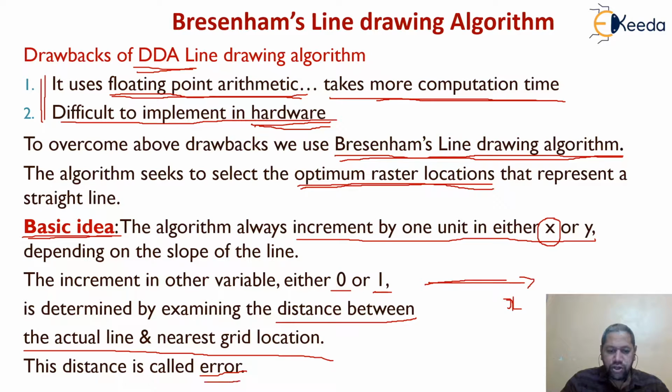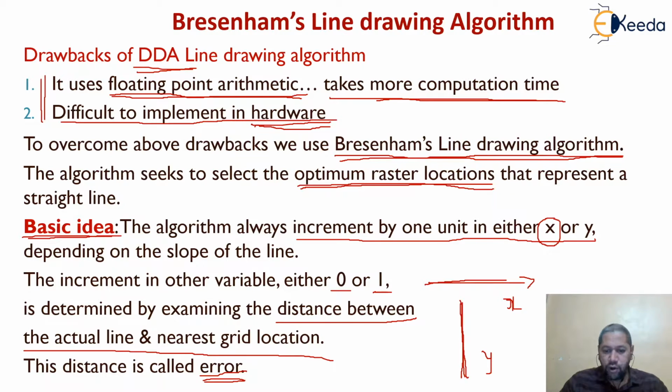That distance is called the error. Suppose my line is vertical. In this case the y value is always incremented by 1, and the x value will be 0. So x is 0 and y is always incremented.